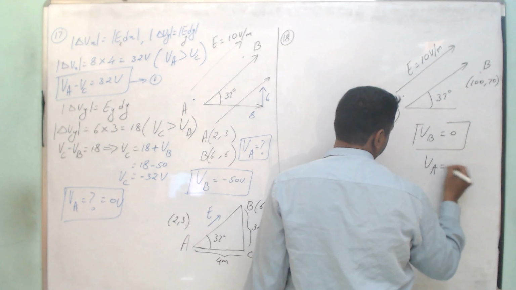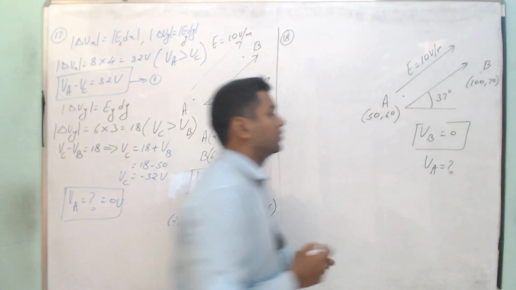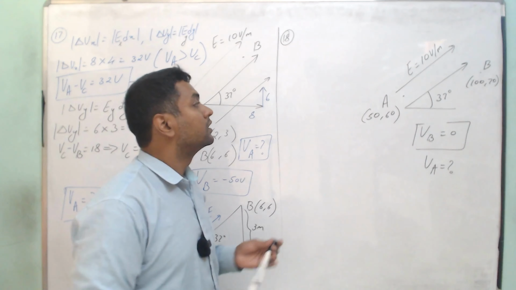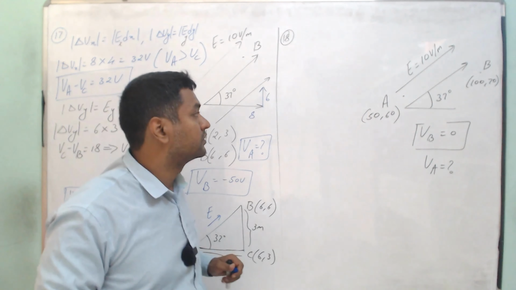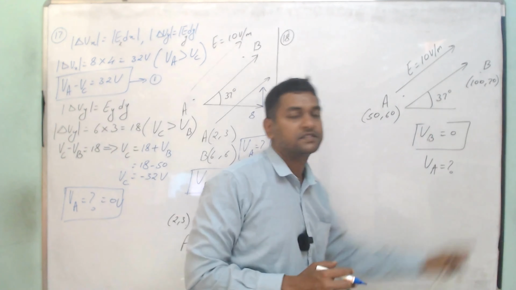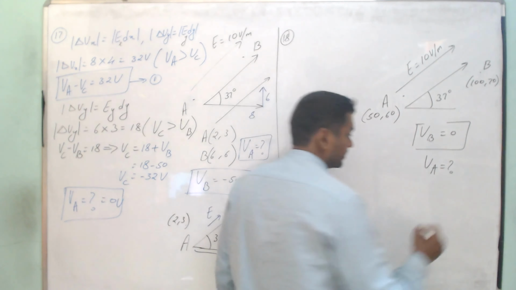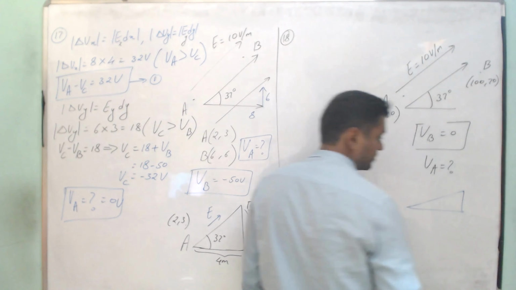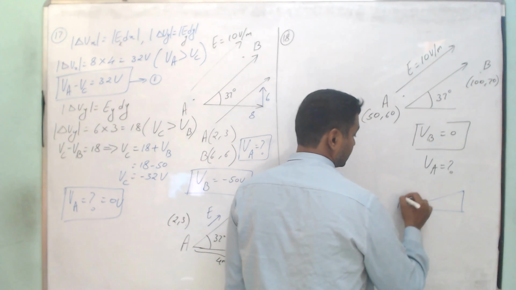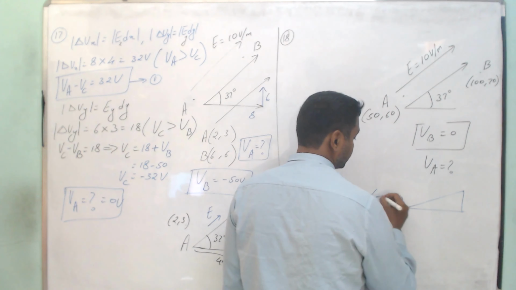The first thing that I want to do is use the coordinates and make a right angle triangle. So this point is A, which has a coordinate of 50, 60.